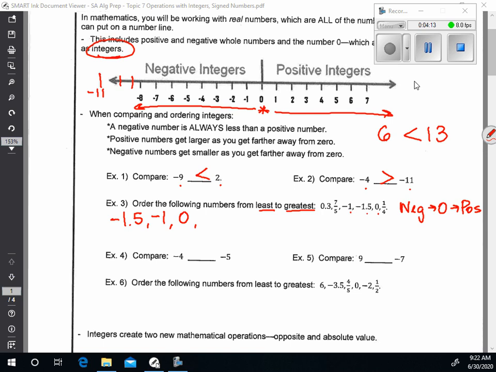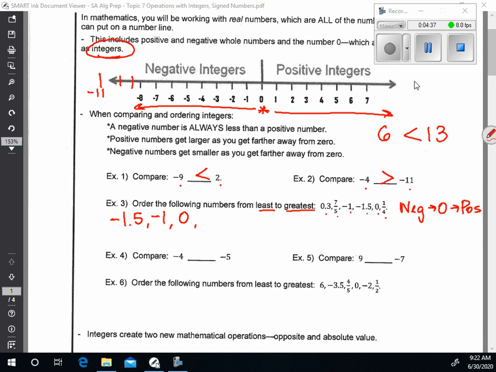Now we do our positive numbers, which we have 0.3, 7/5, and 1/4. Remember, 1/4 is the same thing as 0.25, and 7/5 is the same thing as 1.4. Just in case you need the calculator to do that, feel free to do that computation.